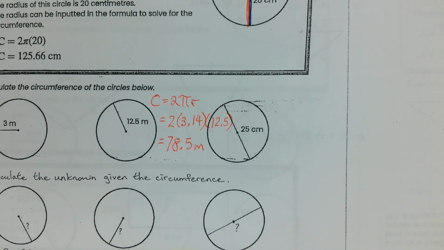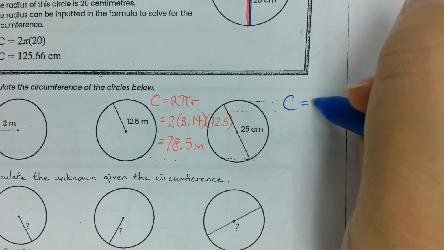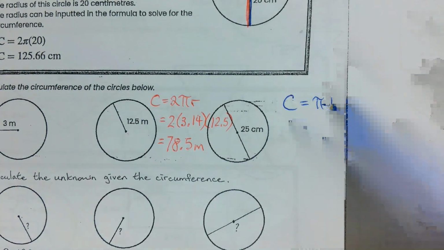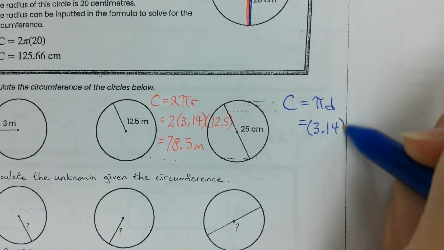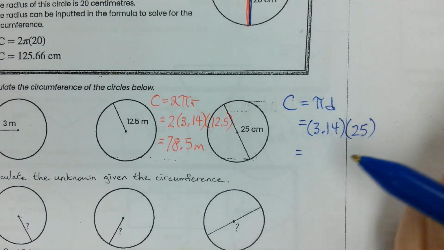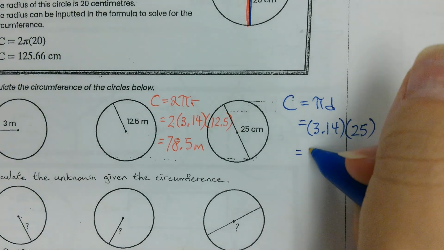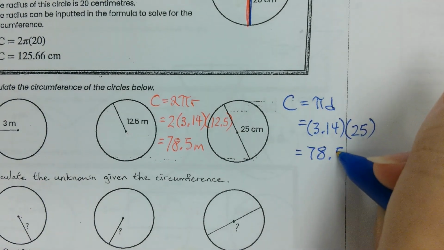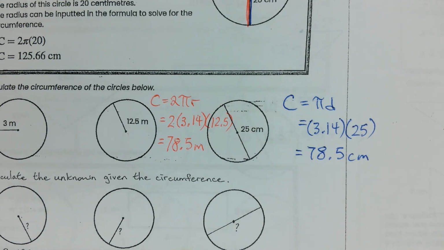Okay, let's try this. I'm given a diameter, so I'm going to use pi d. So 3.14 times diameter 25, and let me do this math in my head. I'm going to guess 78.5. Wow, how come my mental math is so good?